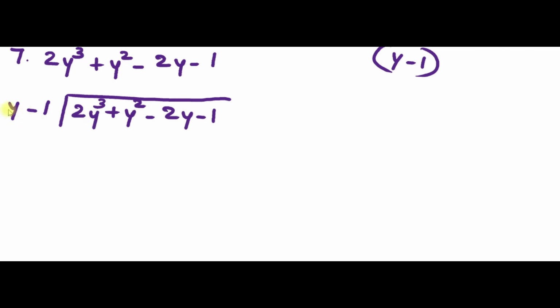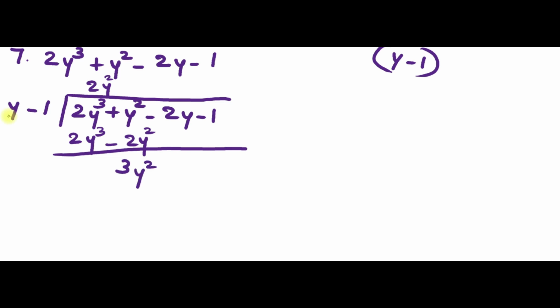First 2y cube divided by y will give you 2y square, which I am writing here. Then 2y square multiplied by y will give you 2y cube. 2y square multiplied by minus 1 will give you minus 2y square. This value will be equal to 0 plus y square minus 2y square, which is equal to 3y square. I am bringing down minus 2y.